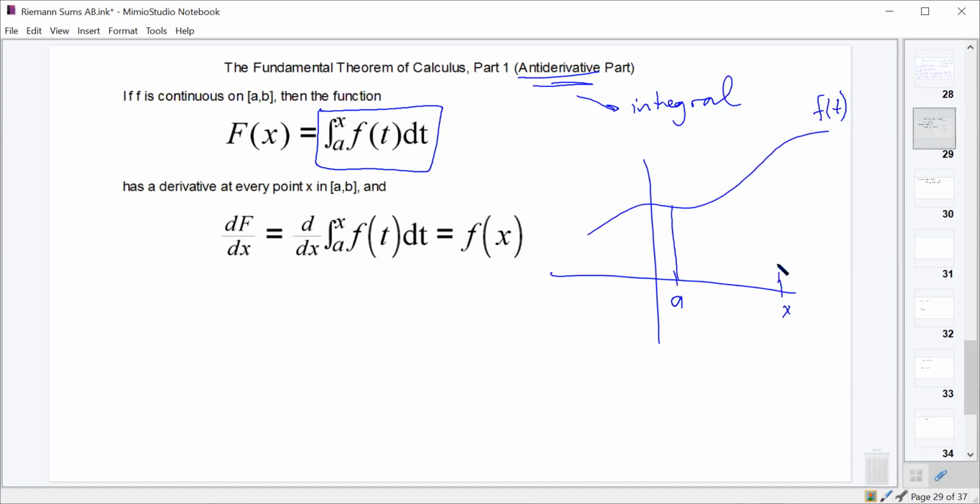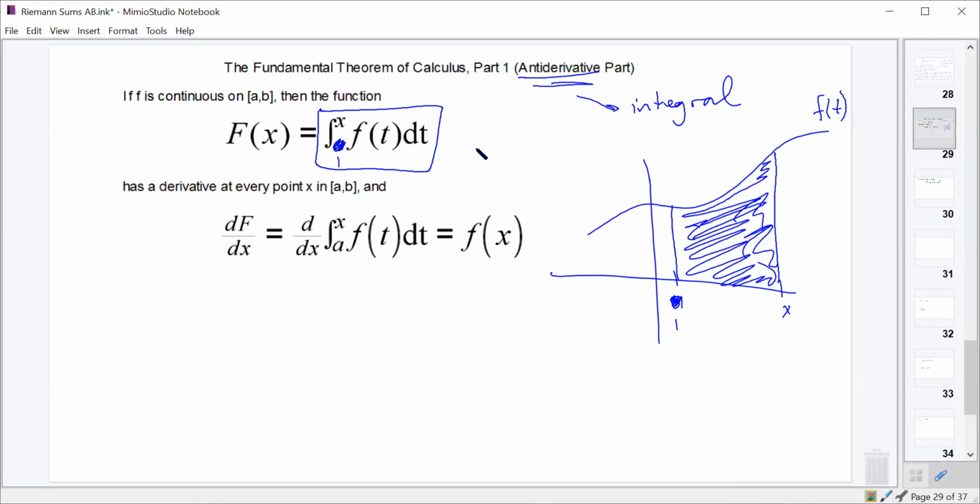If I want to find this area, there is some function that represents that area from some number to any other number x. So for example, if I said, instead of a here, if I said 1, then there is some function that represents the area from 1 to any other x value, right?